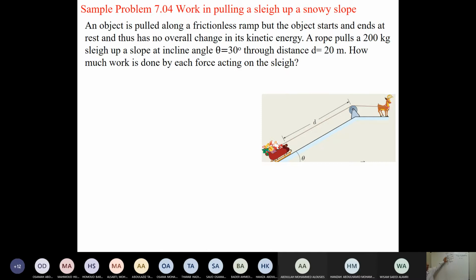Now in this case, we have mg cosine theta. And how much work is done by the mg cosine theta?